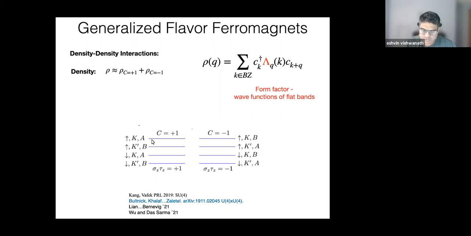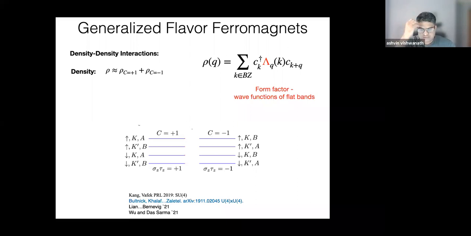Okay, so that really motivates this picture of the band structure. To the first approximation, we neglect the band dispersion, and you have this bunch of flat bands that are labeled by Chern number, so Chern 1 and Chern -1. And in each sector, there is a fourfold degeneracy. Fourfold because you have 2 spins and 2 valleys. So there's a Chern 1 sector with 4 bands, Chern -1 sector with 4 bands.